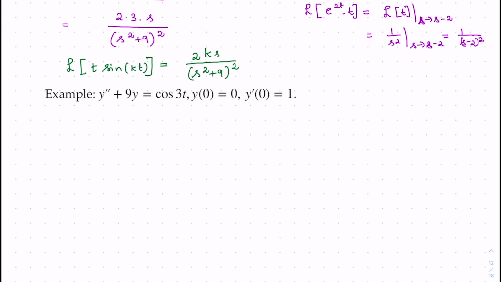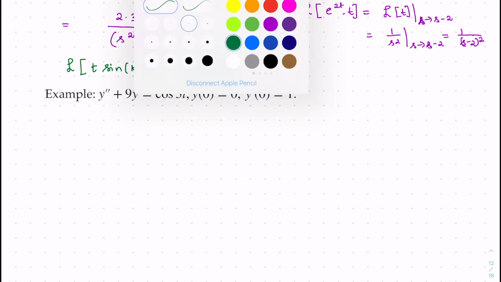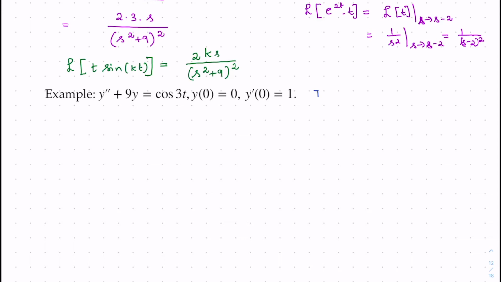Let's take a look at this initial value problem. And by the way, for those who paid attention to the applications, this problem comes from an undamped mass spring problem, right? Here the initial velocity, y prime of 0, means the velocity is equal to 1, 1 feet per second, if you want to think of it that way.